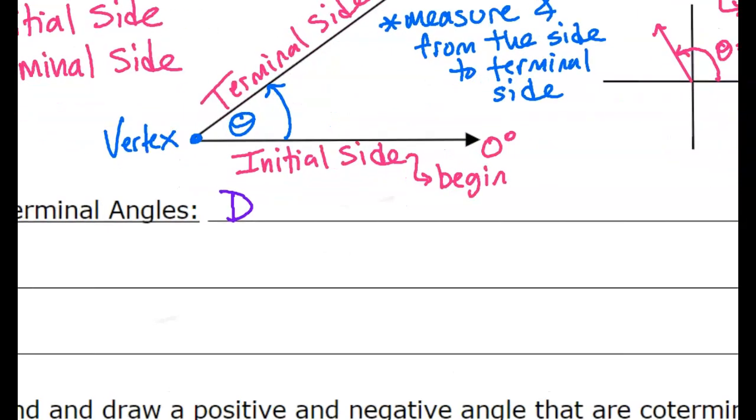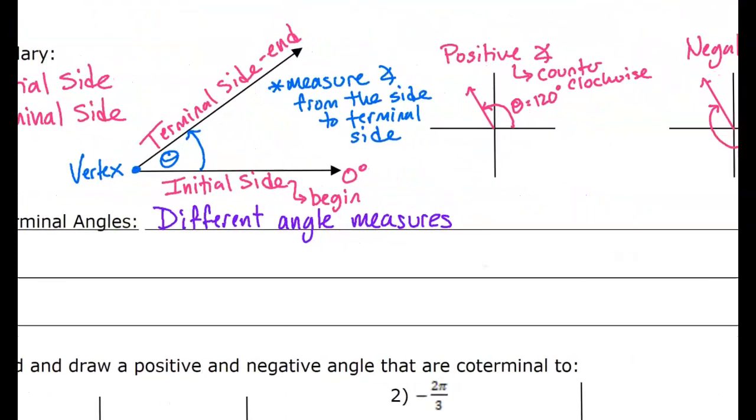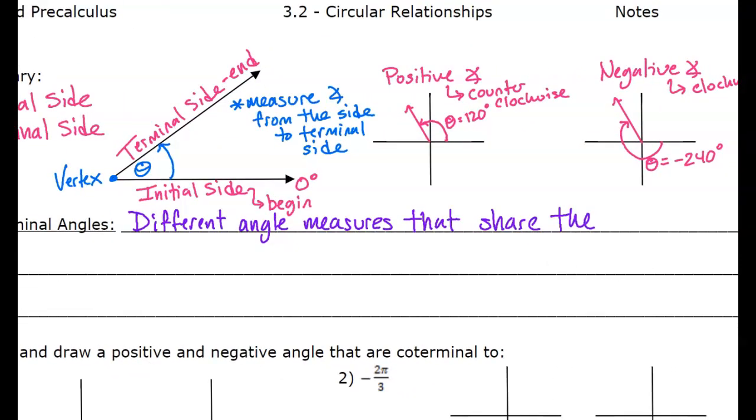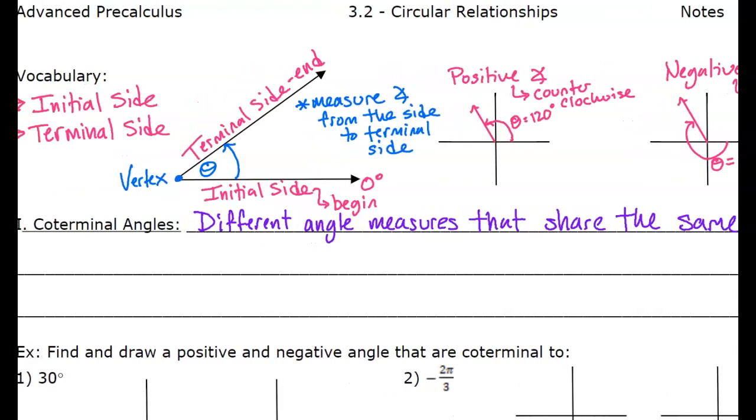It can be defined as different angle measures that share the same initial and terminal sides.